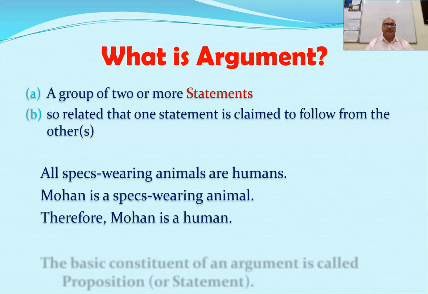The reason for this claim we have given in the preceding two statements: all spectacle-bearing animals are humans, and Mohan is a spectacle-bearing animal. Therefore, Mohan is a human. So our claim that Mohan is a human is seeking support from the preceding statements. We are asserting this on the basis of the preceding two statements.